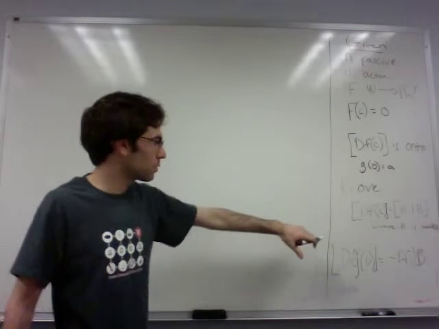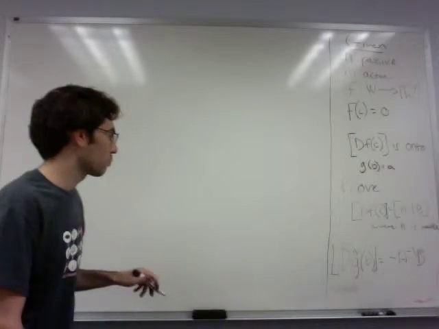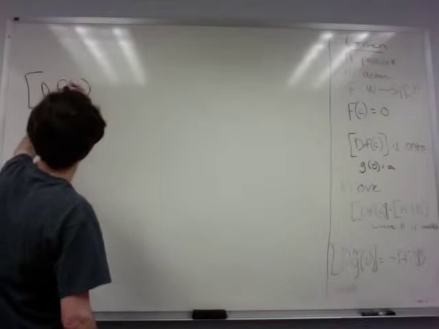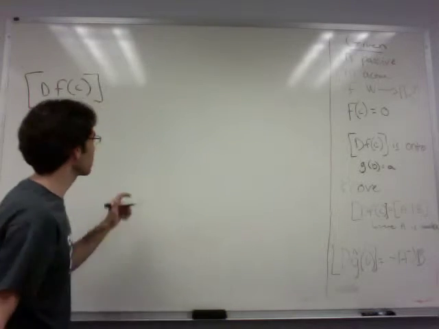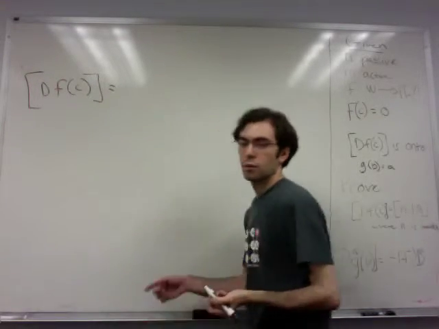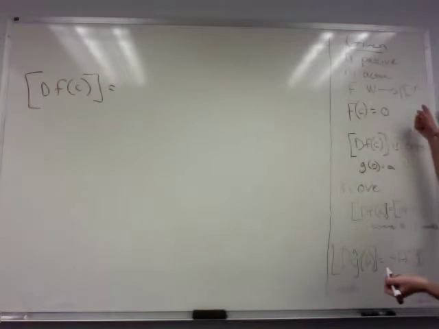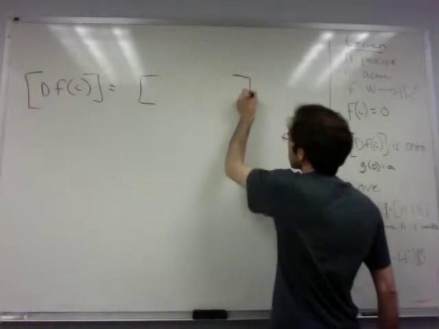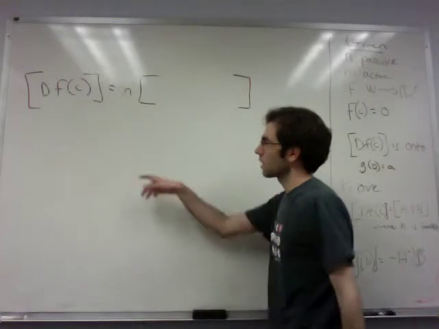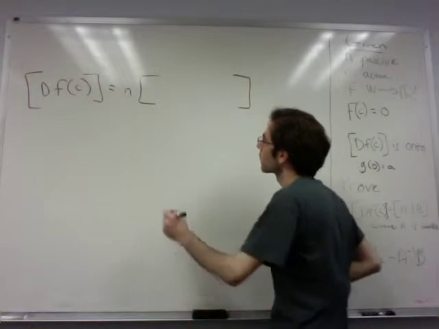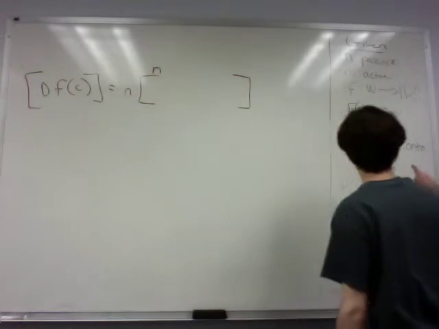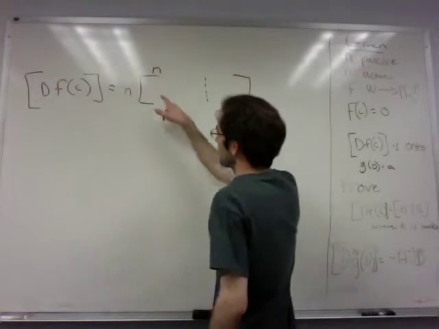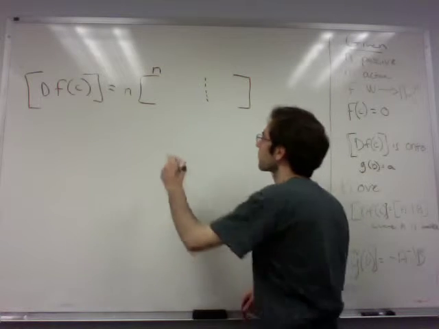we're going to start the proof by trying to figure out how to show this by examining df of c. Well, what do we know about df of c? We know that the function f goes from W to R^n. So we know that we can write it out as having n rows. And we know that it's onto, so we know that there are going to be n linearly independent columns.